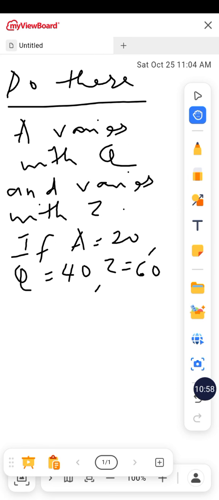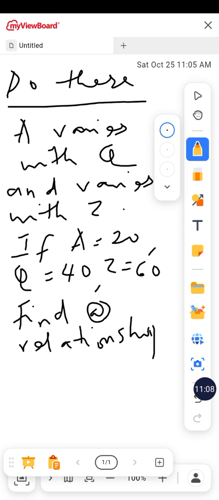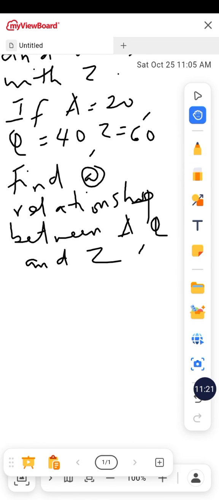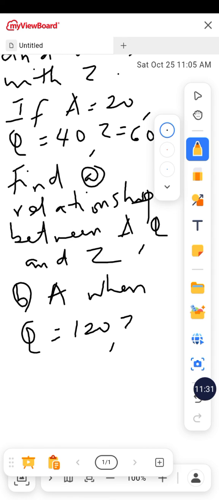Okay, the question says find a relationship between A, Q, and Z. Then the next one says find A when Q is 120 and Z is 200.